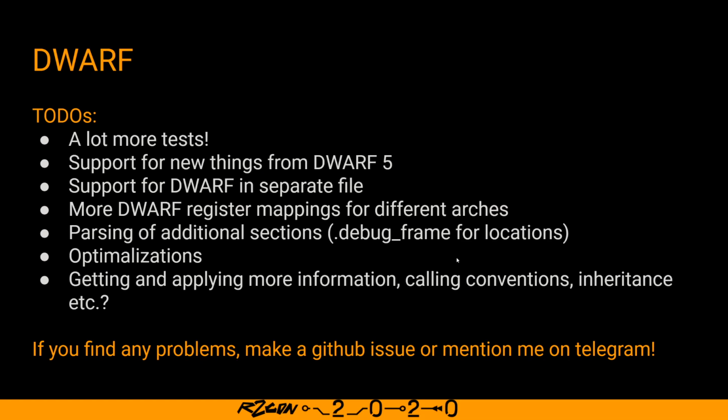Also, support for DWARF in a separate file from the binary is important. Adding more DWARF register mappings so you can get the location of the variables, parsing of additional sections, optimizations, and just generally getting and applying more information you can find in DWARF.